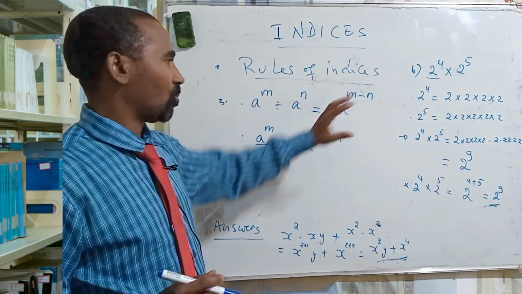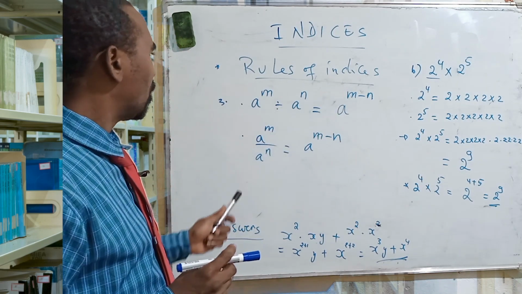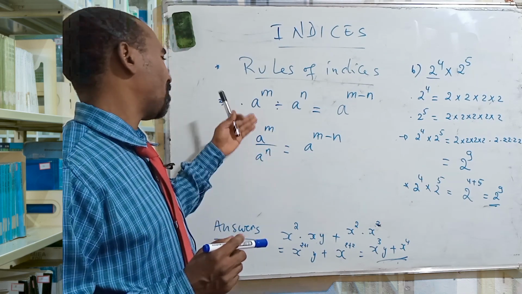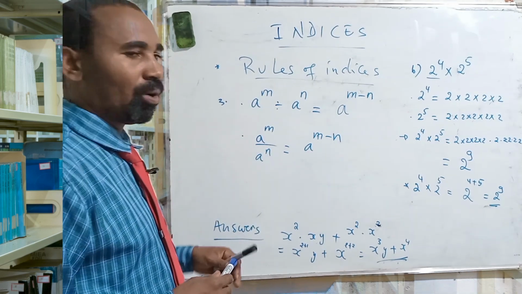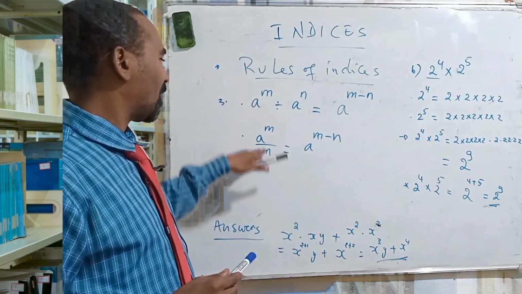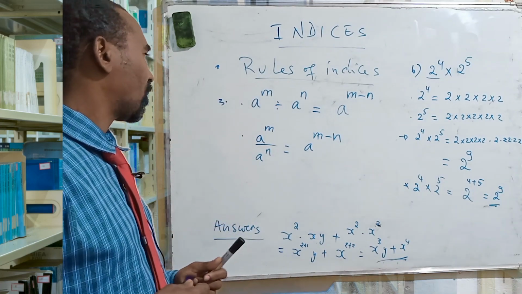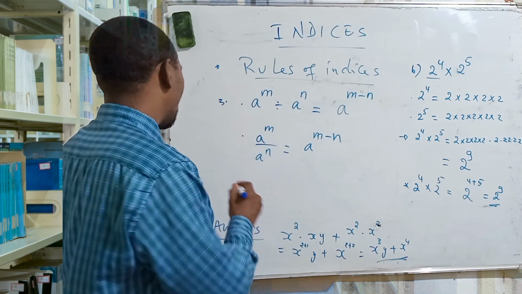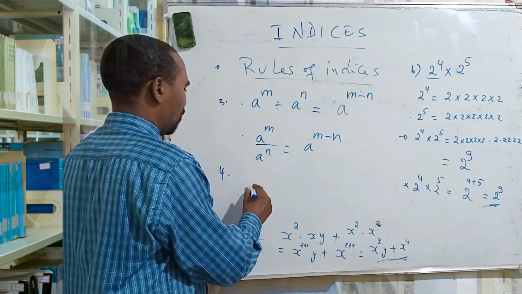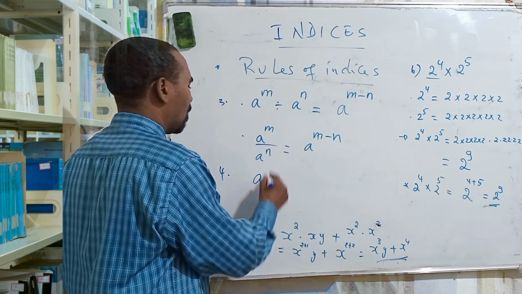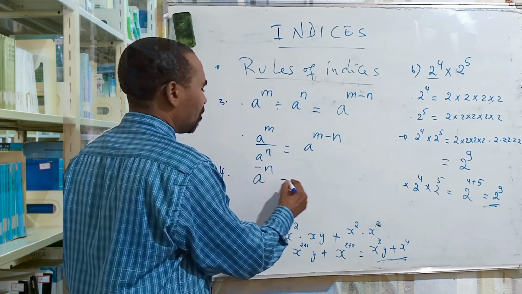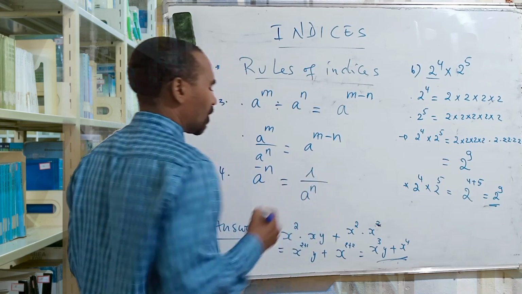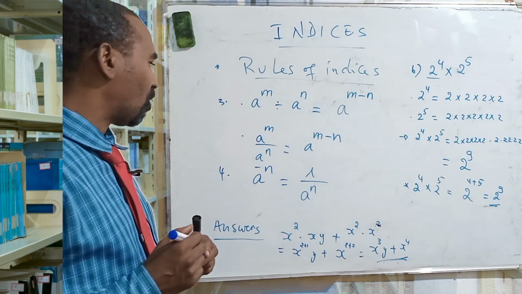Here there are two cases. You can find the power of the denominator bigger than the power of the numerator, or the power of the numerator bigger than the power of the denominator. I want to combine this property in one example with property 4. When you have a negative power, a power negative n, this will be the same as 1 over a power n.